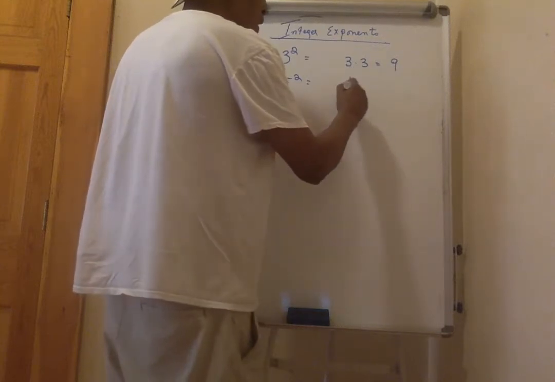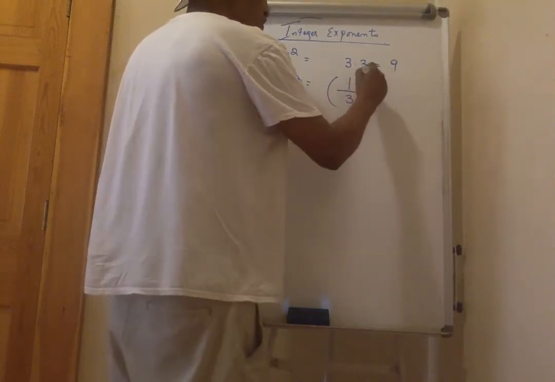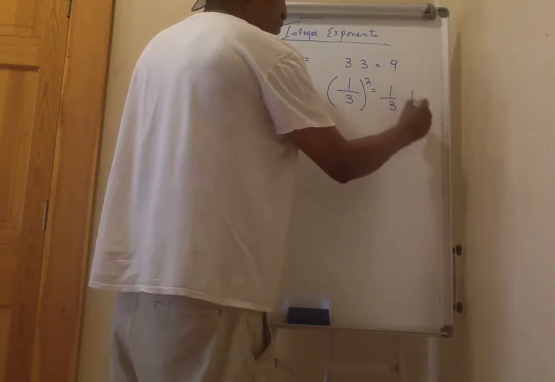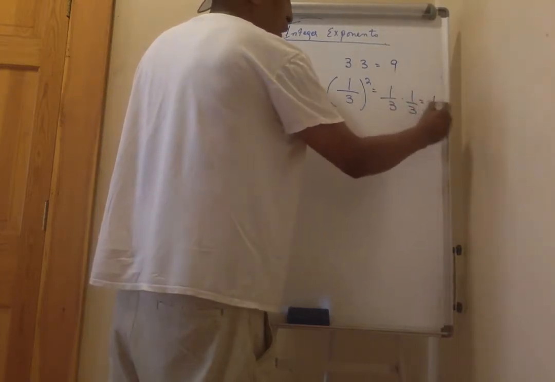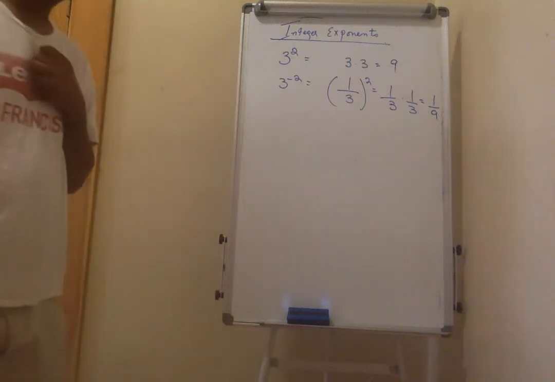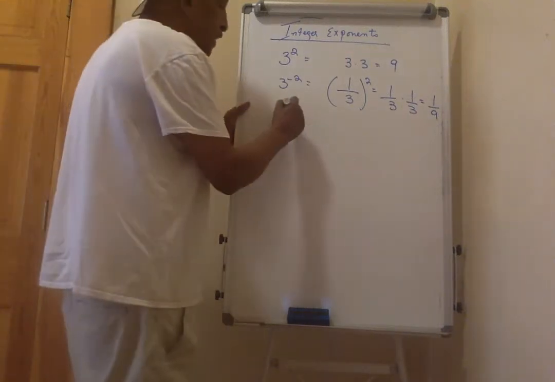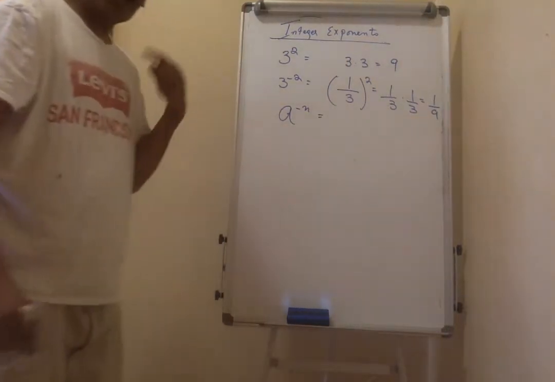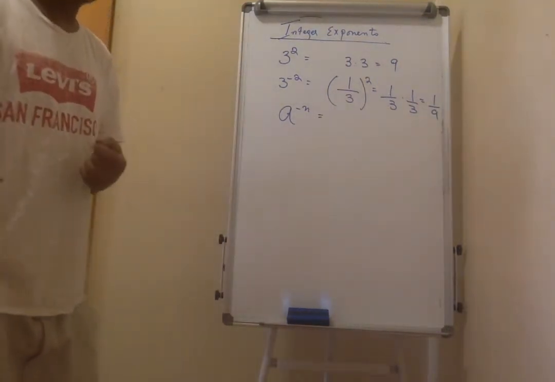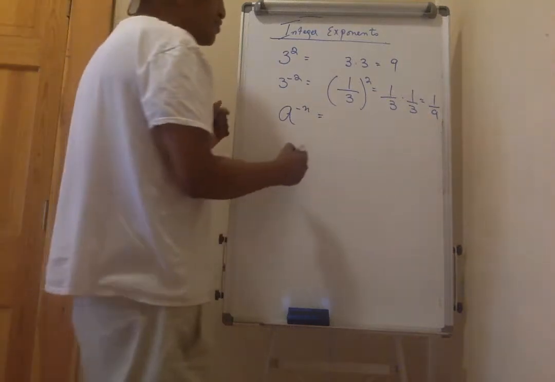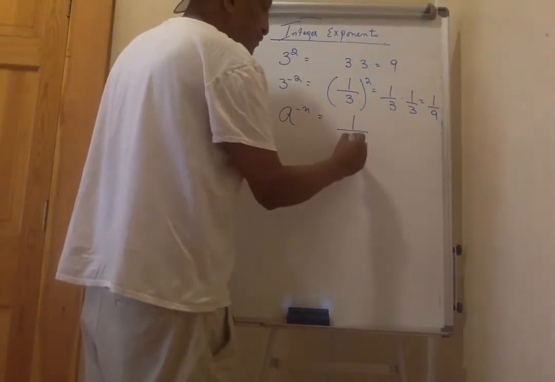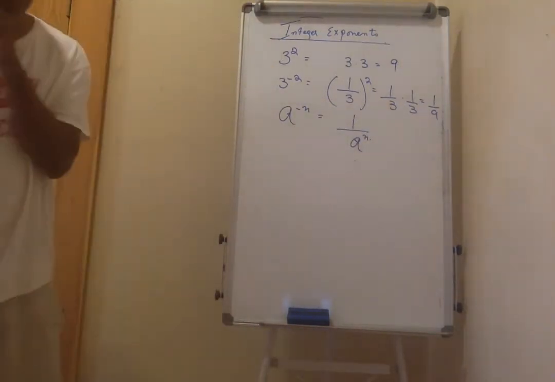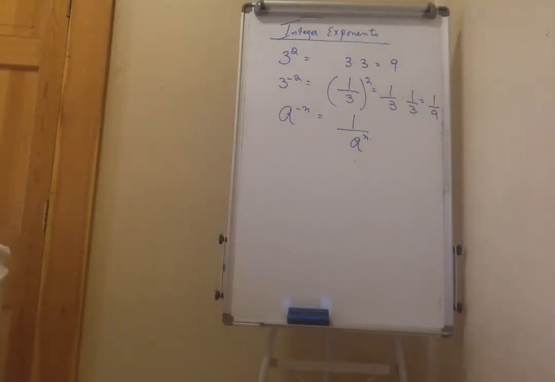So this is 1 over 3 to the second, which is 1 over 3 times 1 over 3, which is 1 over 9. In other words, if I raise a to the negative n, I have to change negative n to the positive n, and in order to do that, I have to find the reciprocal of a, which is 1 over a to the n. Okay?